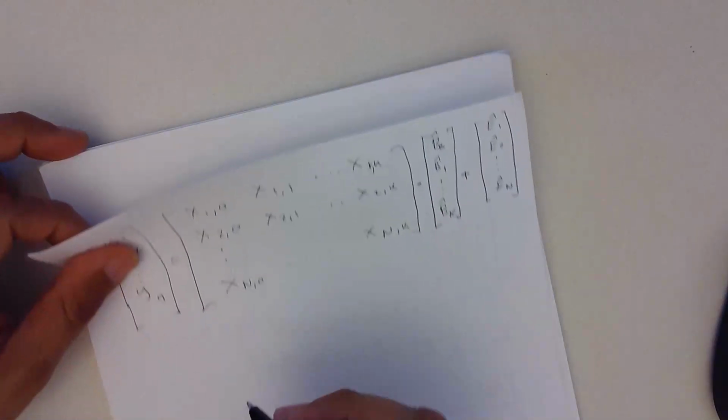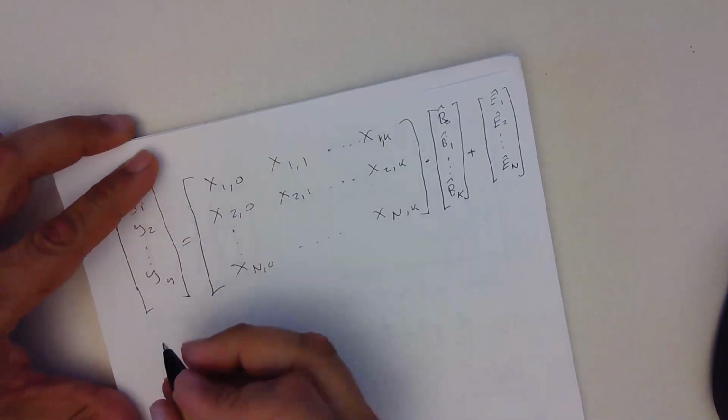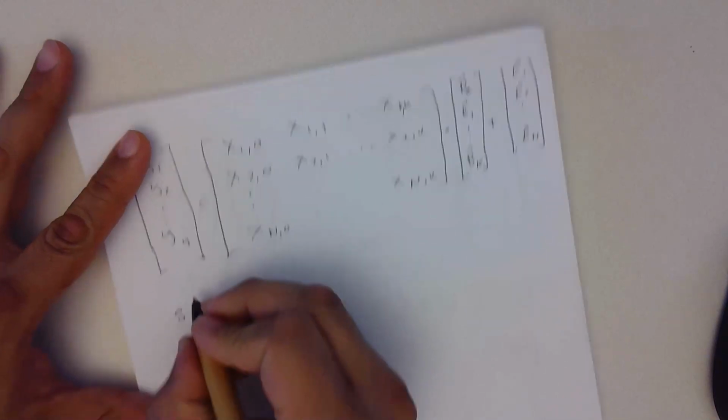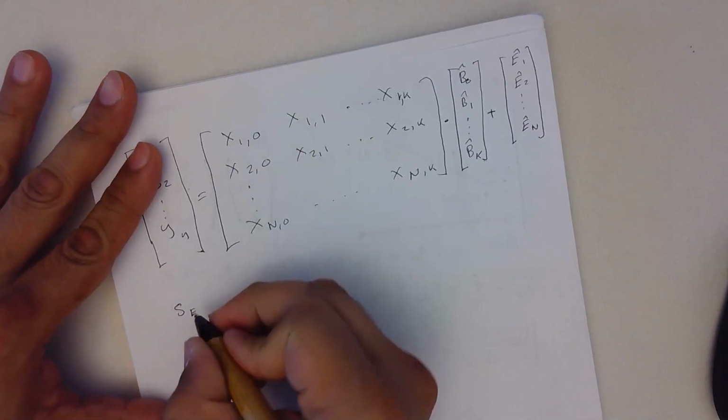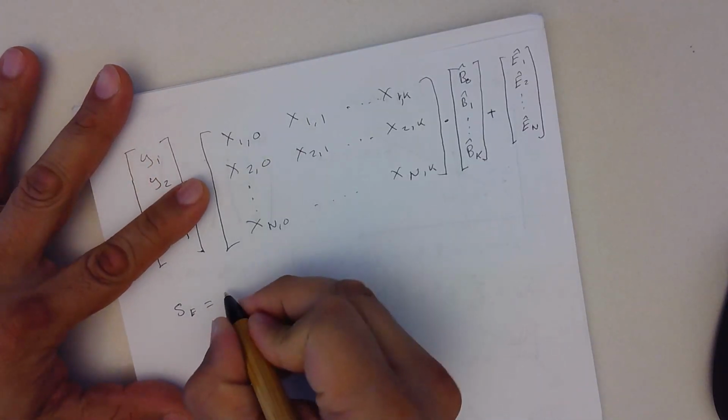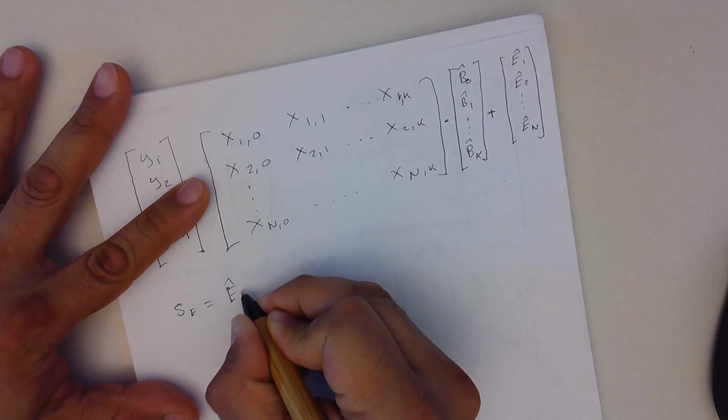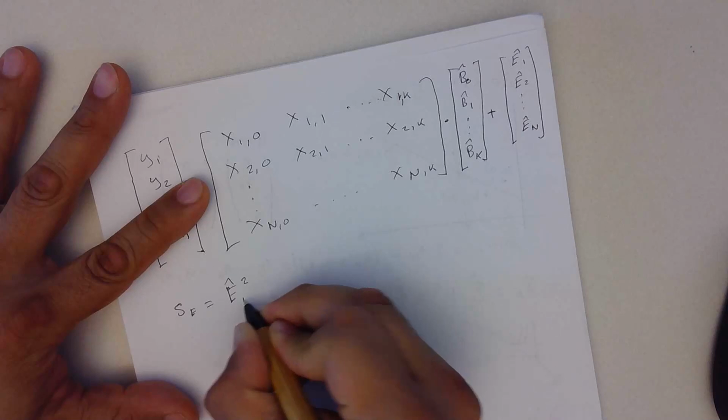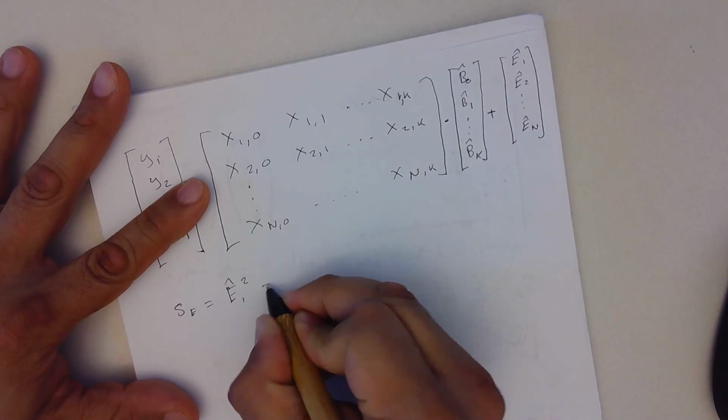So in this case, the sum is a vector sum. The sum of the errors is the vector sum. This is the sum squared of the whole vector, right?